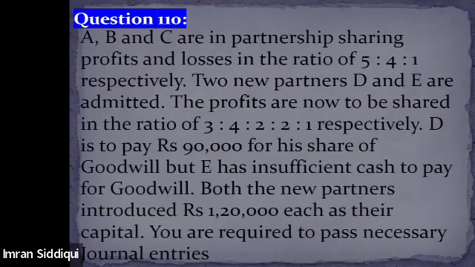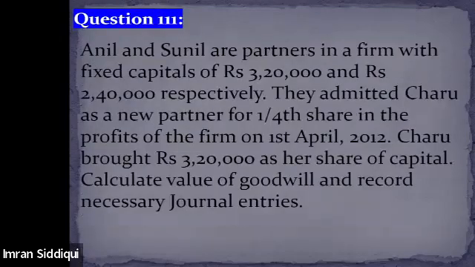So I'm moving to the next question. We will talk about 11.1. All right. So in this question, the question is saying that Anil and Sunil are partners in a firm with fixed capital of rupees 3,20,000 and rupees 2,40,000. So this time in the question, the capital balances of Anil and Sunil are given.